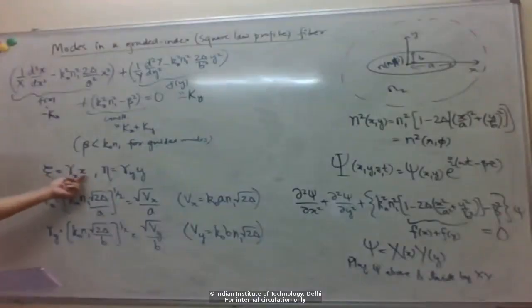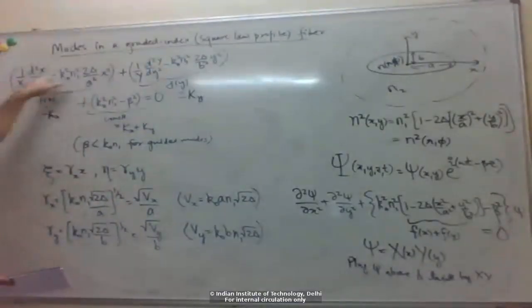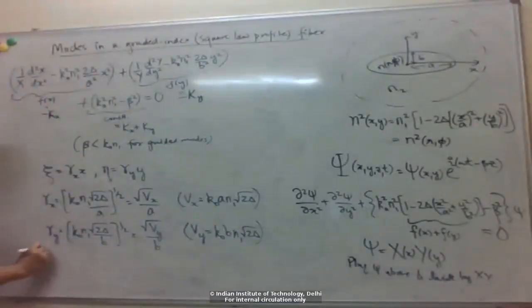Okay, so if we do this normalized change of variables and then write this equation again, you get simple forms like this now.